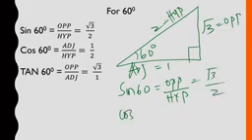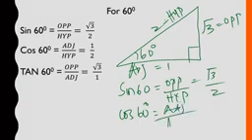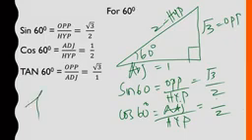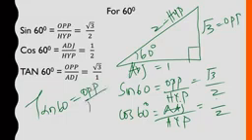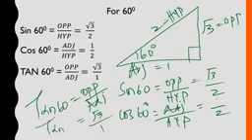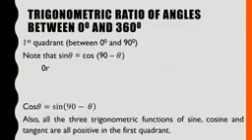Then cos 60 is adjacent all over hypotenuse, which is 1 over 2. Then tan 60 is opposite all over adjacent, which is equal to root 3 over 1. You don't need to stress. They are called special angles.